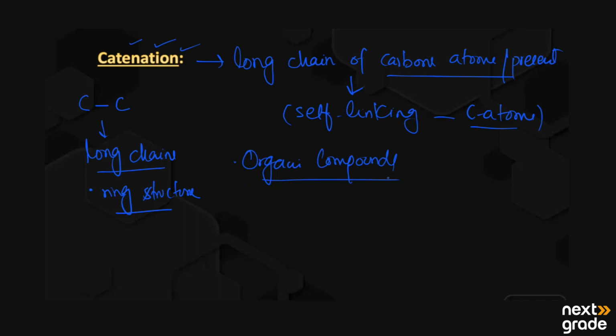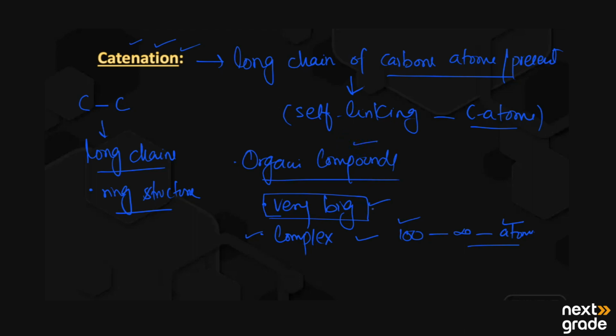Organic molecules may be very big and very complex, and in this complex structure they may have 100 to infinity of atoms. But we must concentrate upon the simple ones to understand them. We must start from the lower ones to understand the complexity of the structure, as they can form long chains. So organic compounds have very big structures.